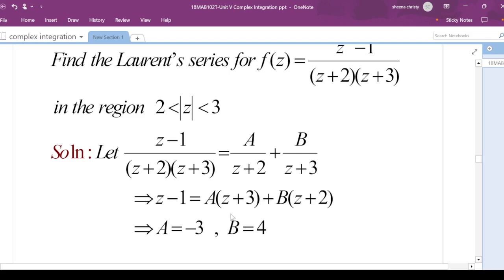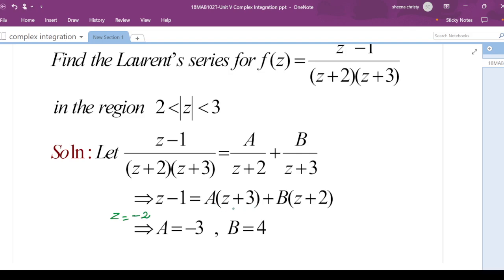By putting z equal to minus 3, or I can say by putting z equal to minus 2 for getting the value of A, put z equal to minus 2.